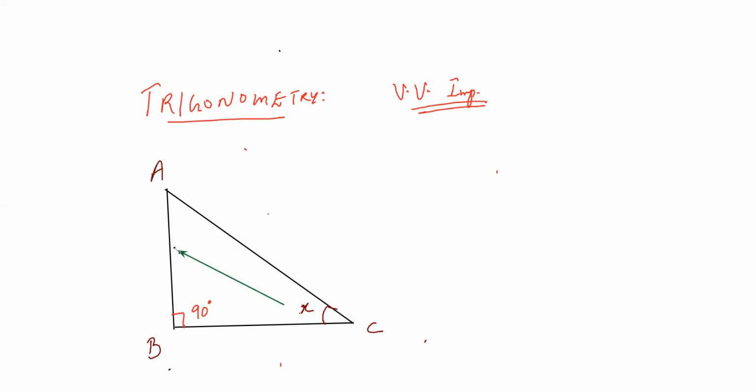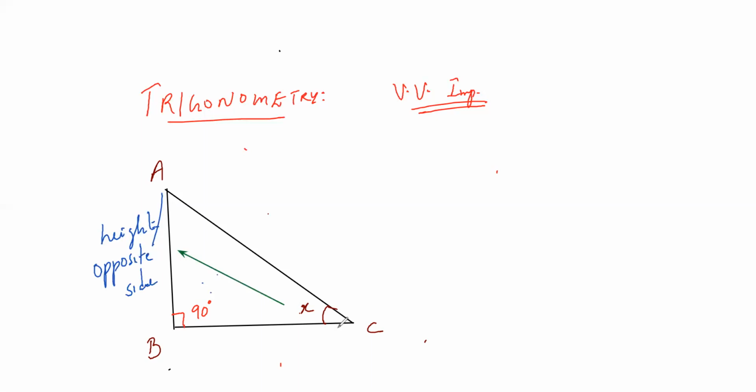This is what we use for sin X. The side opposite to X is called the height, or altitude, or the opposite side. Different names are there for this.